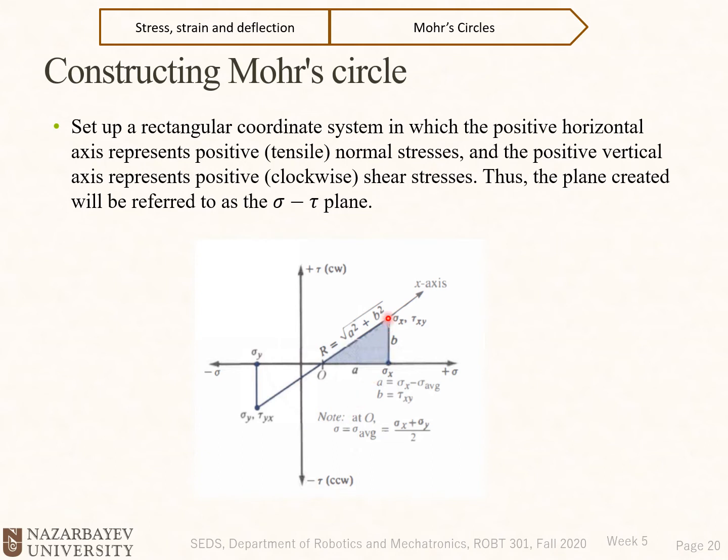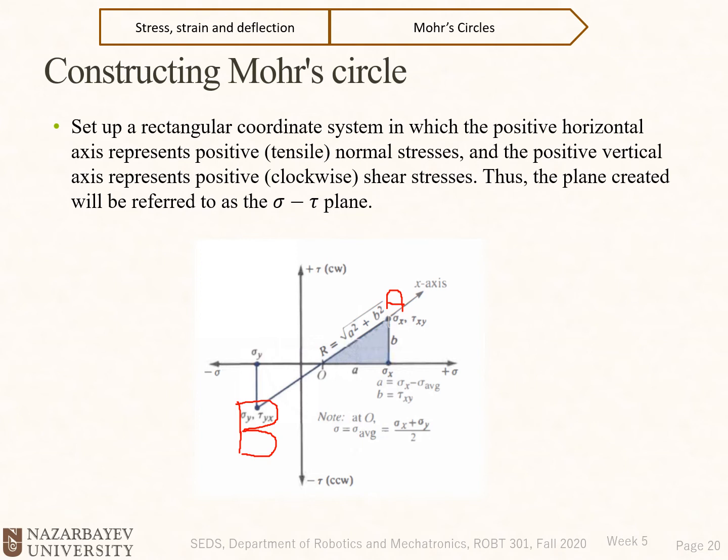Once you have these two points, A point and, let's say, B point, we have two points now.